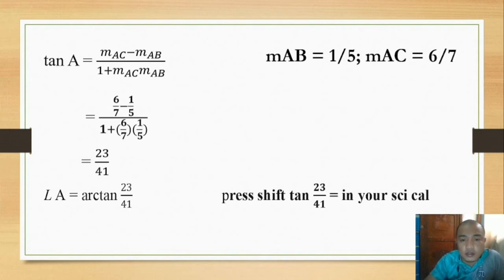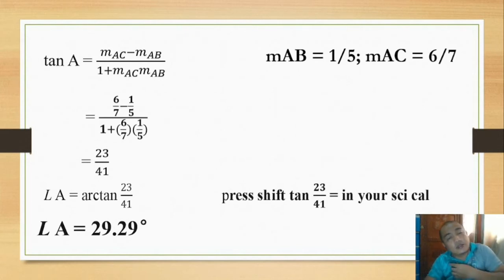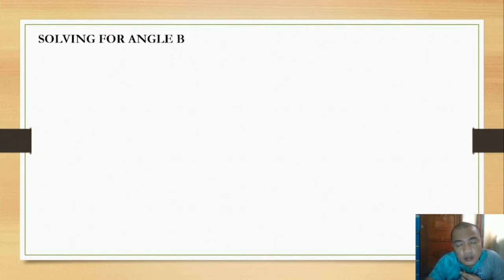So what's your answer? Okay, the answer is 29.29 degrees. So that's the measure of angle A. Okay, it's an acute angle. So let's now proceed to the next.